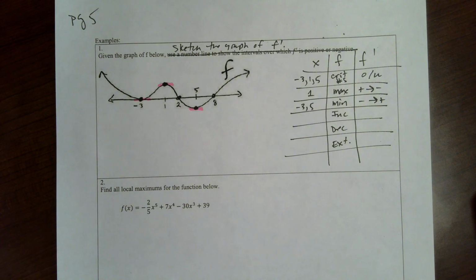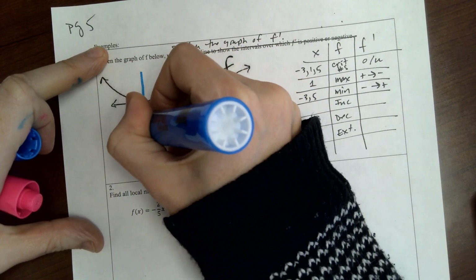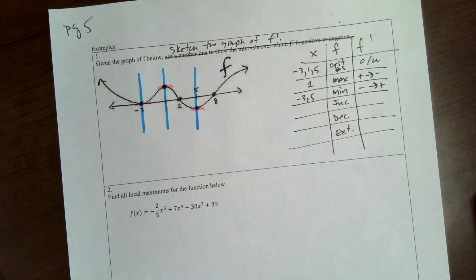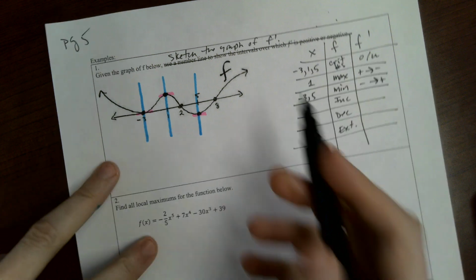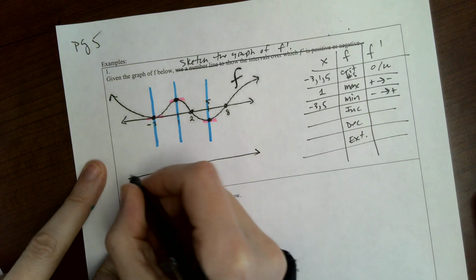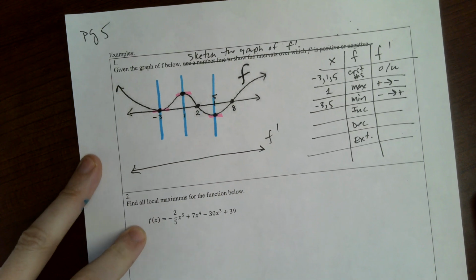Okay. So guys, the critical numbers are going to be like, just have some walls there, or at least imagine them. Okay, so let me put just an x-axis below. Right, so this is going to be my graph of F prime.